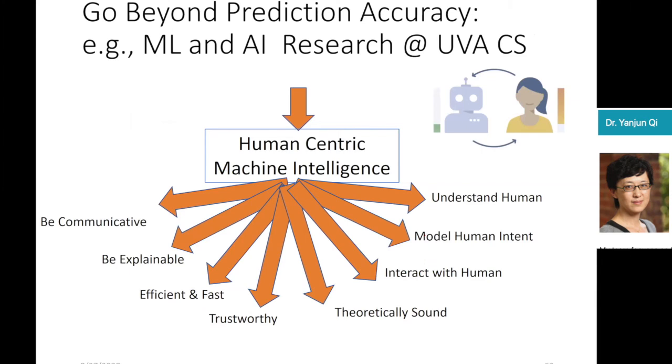All right, so beyond prediction performance, there's also a lot more. In fact, in our CS department, the majority of the machine learning faculty members are no longer focused only on prediction accuracy. We are still pushing for that, but we're also pushing a lot of other types of properties: theoretically sound, trustworthy, efficient and fast, explainable and communicative.